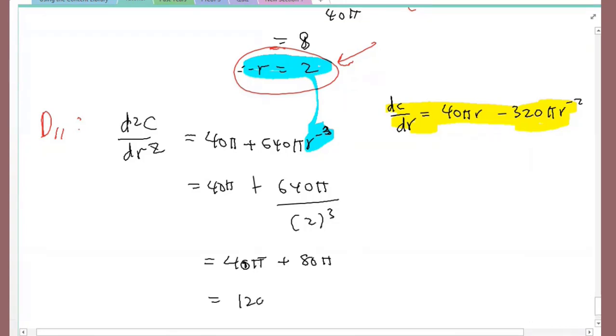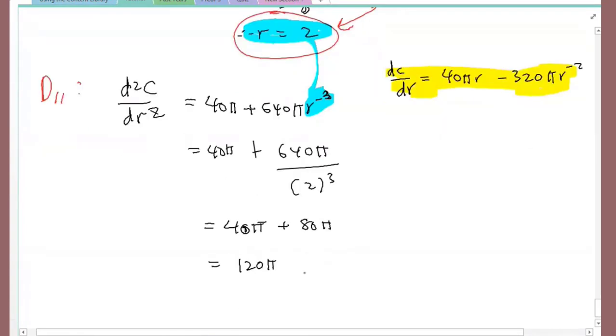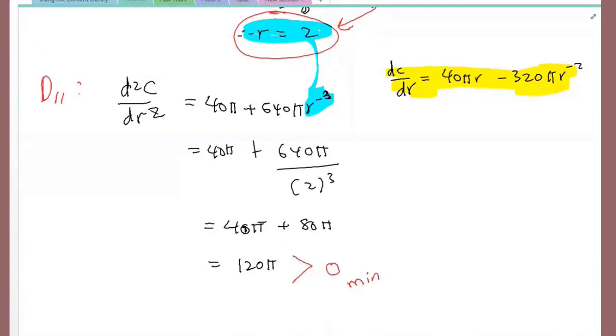So you kena write down more than 0, positive. So this one is minimum lah ni. Okay, more than 0 minimum. Okay, so confirm the minimum is the least kan, minimum kan.